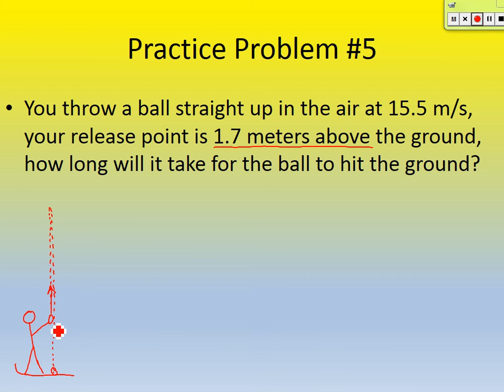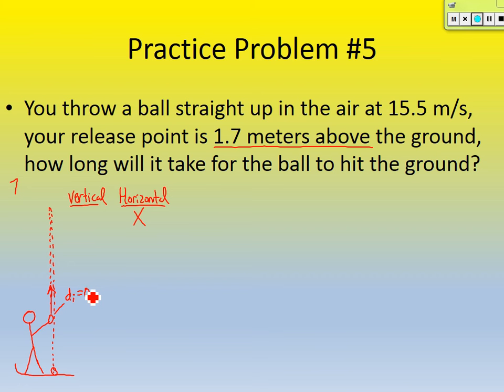Step number 2, though, let's go to step number 2. It says to separate your vertical and your horizontal components of motion. But again, in this problem, we're not going to have any horizontal motion, so we're not going to fill out this column here. Let's go to the vertical column. Let's list all the variables that we know. There's got to be 7 variables total, so let's start with what we know. At this point, where you release it, the displacement, I'm going to say initial, is 0.